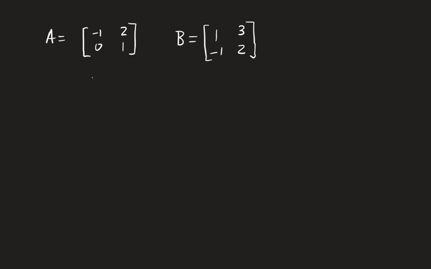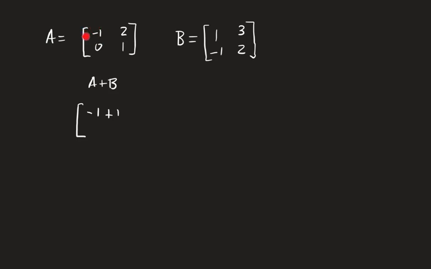So in this case, if we say A plus B, the only thing you need to do is take -1, and then you're also going to add the 1 because you need to make sure that they're coming from the same position.